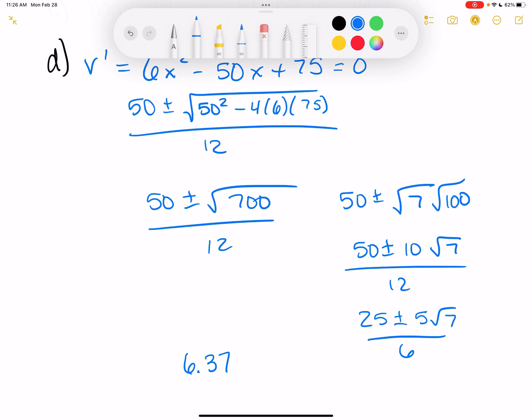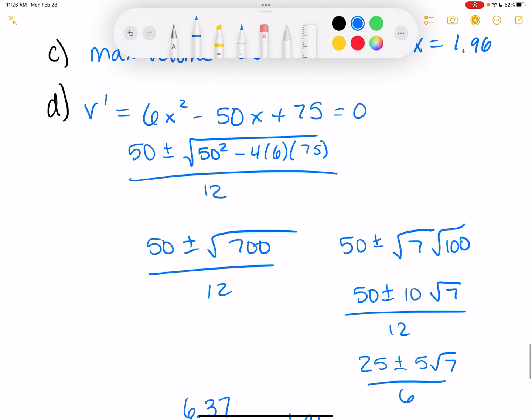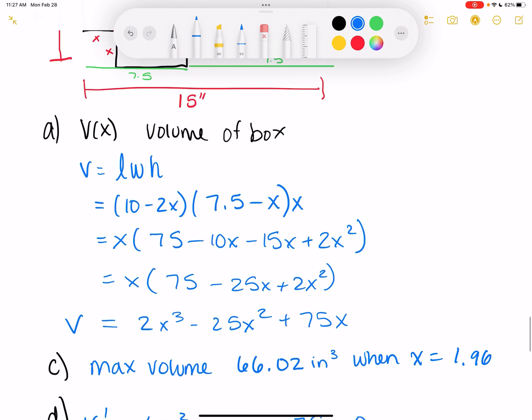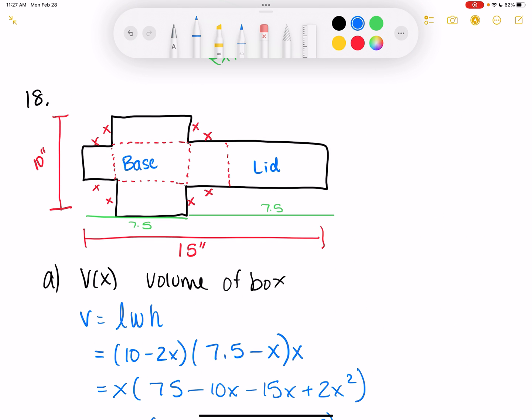The negative one, 25 minus 5 root 7 divided by 6, is 1.96, which is what we said the x value is. So if we took this and plugged that value back in, that would give us our max value. It can't be this 6.37 because we can't take 6.37 out of this side and this side and still be left with 10, or something left over.